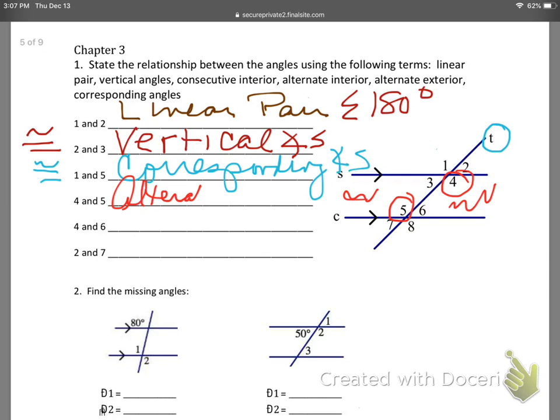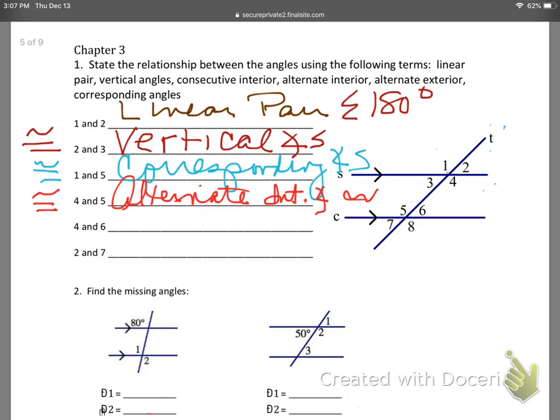Let me spell this correctly. Alternate interior, I'm going to abbreviate INT, angles. Alternate interior angles are congruent. So 4 and 5 are alternate interior angles. Okay, let's erase this and go to the next problem.